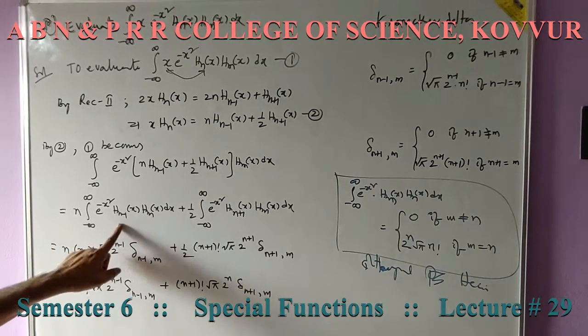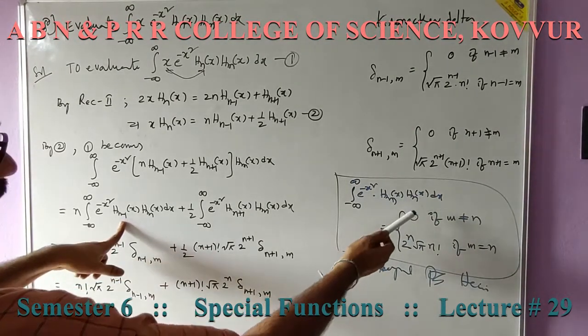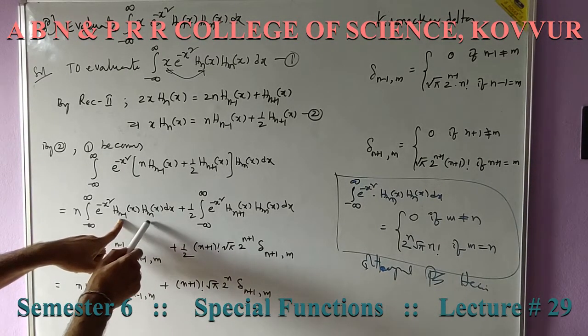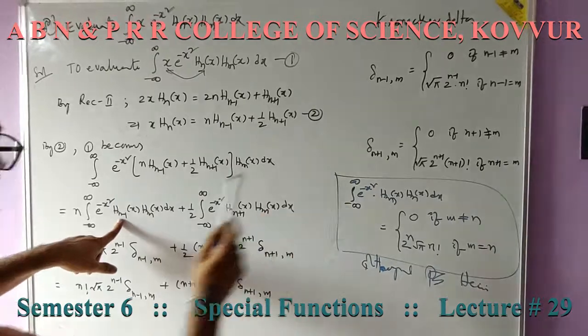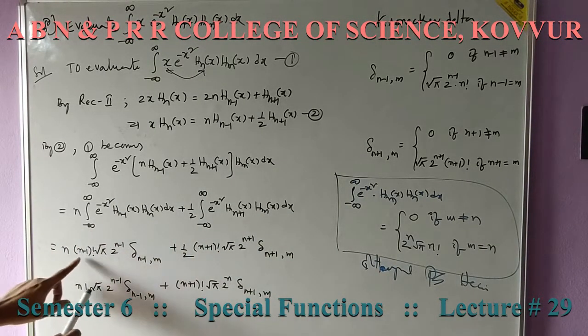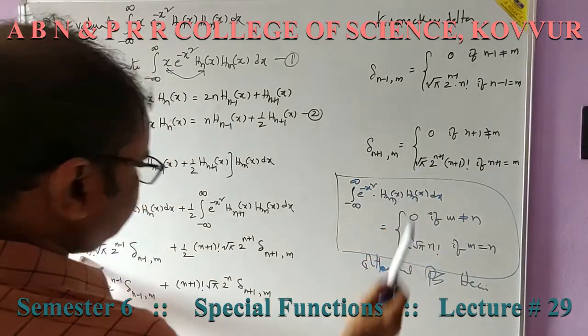So here let us compare with the orthogonal properties. In place of n, you have n minus 1 in Hn-1(x) Hm(x). So this can be written as n times 0 or 2^n root pi n factorial.